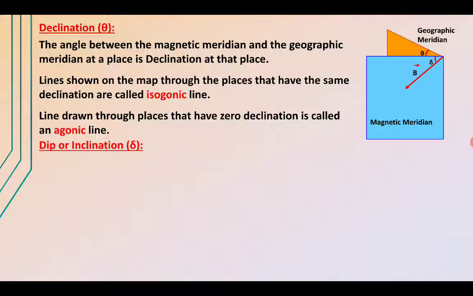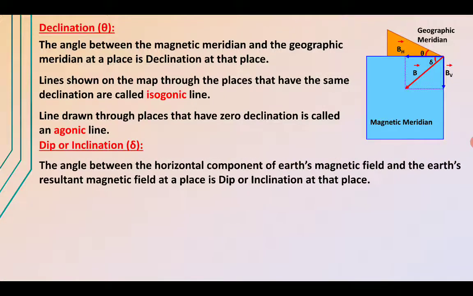This is represented by delta, and here we have the horizontal component and the vertical component of the magnetic field. So the angle between the horizontal component of Earth's magnetic field and Earth's resultant magnetic field is known as the dip or inclination at that place, and it is 0 at the equator and 90° at the poles.